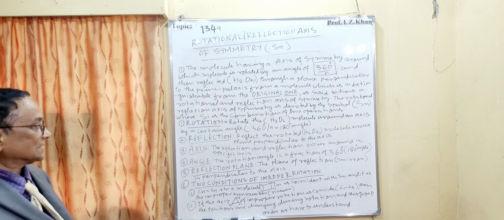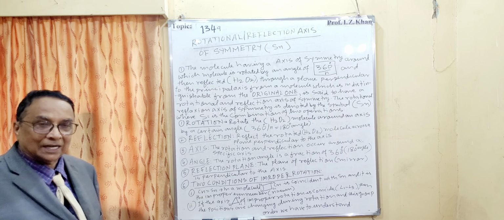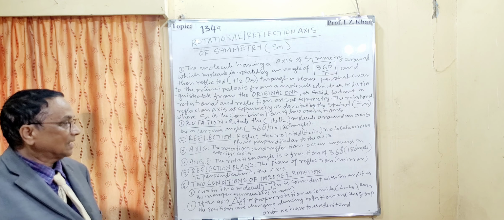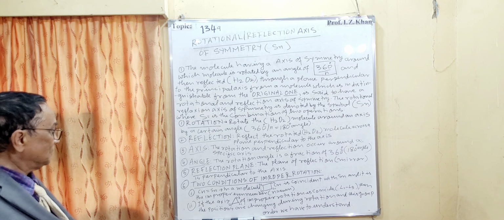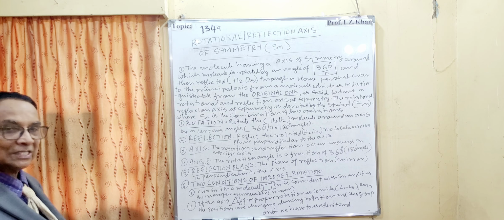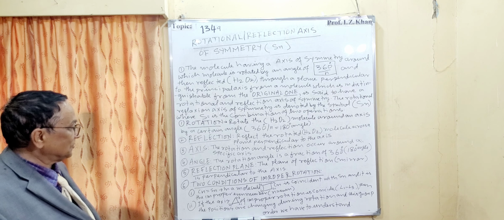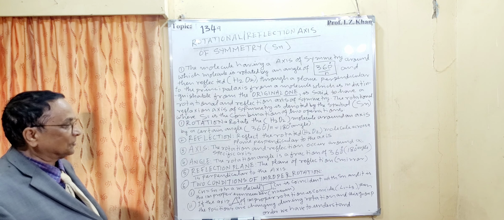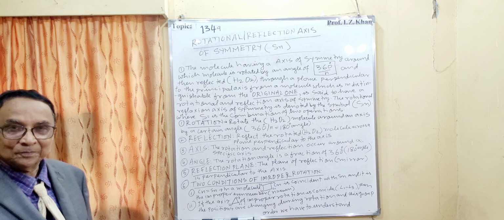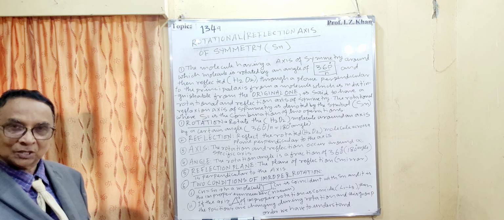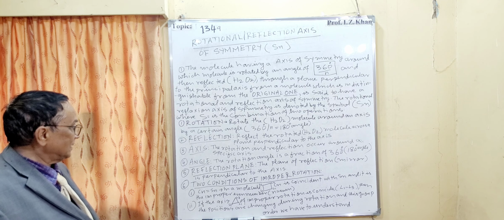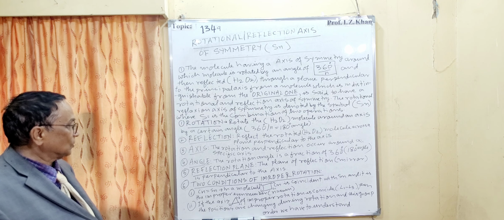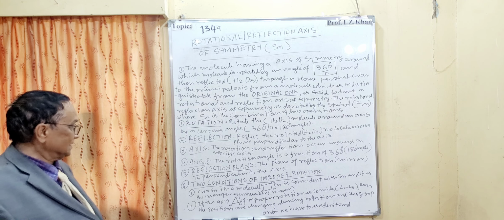Angle: the rotation angle is a fraction of 360 degrees, and here it is a 180 degree angle. Then the reflection plane. Here the reflection plane means the plane where the mirror is put and the molecule is reflected, and it is perpendicular to the axis.